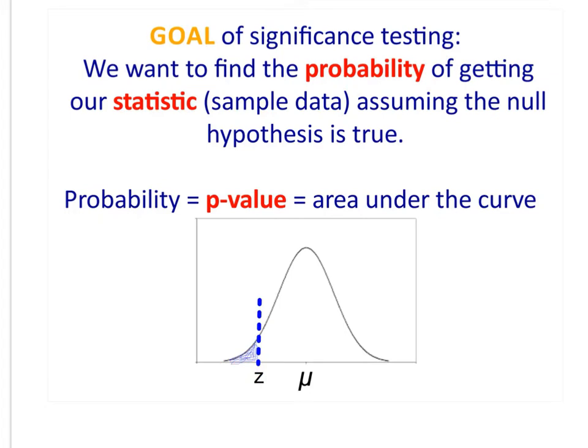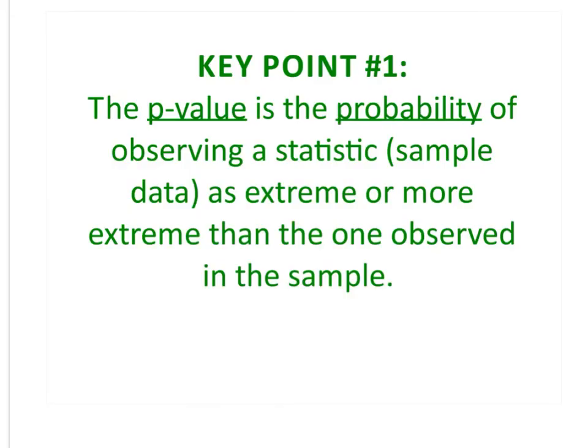And if you think about z-scores, the smaller the p-value, the more unlikely, the bigger the p-value, or the bigger the probability, the more likely. So all the p-value is the probability or the area under the curve, and finding this value is the whole goal of a significance test.